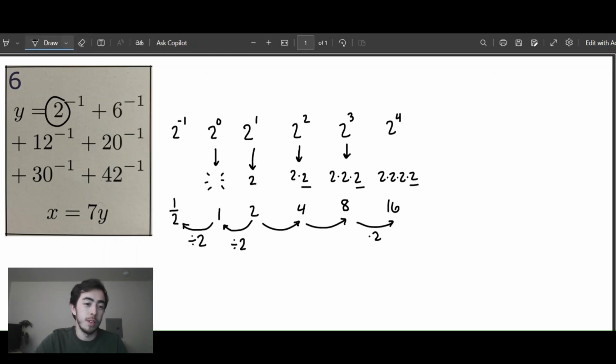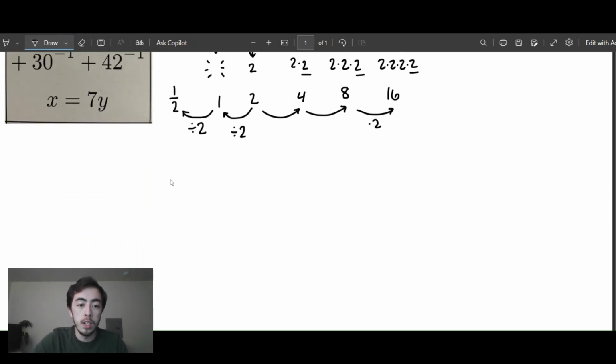And if you notice, basically all I did when I had this power of -1 is I just stuck the 2 in the denominator. This is going to be the same for 6 to the power of -1, 12 to the power of -1, anything to the power of -1. I'll just write that as a nice rule here. a to the power of -1 is going to be equal to 1 over a.